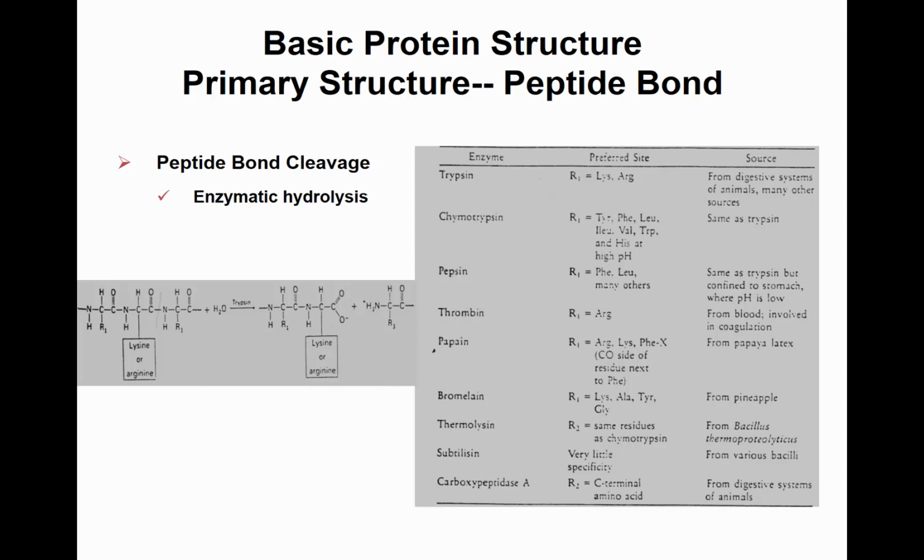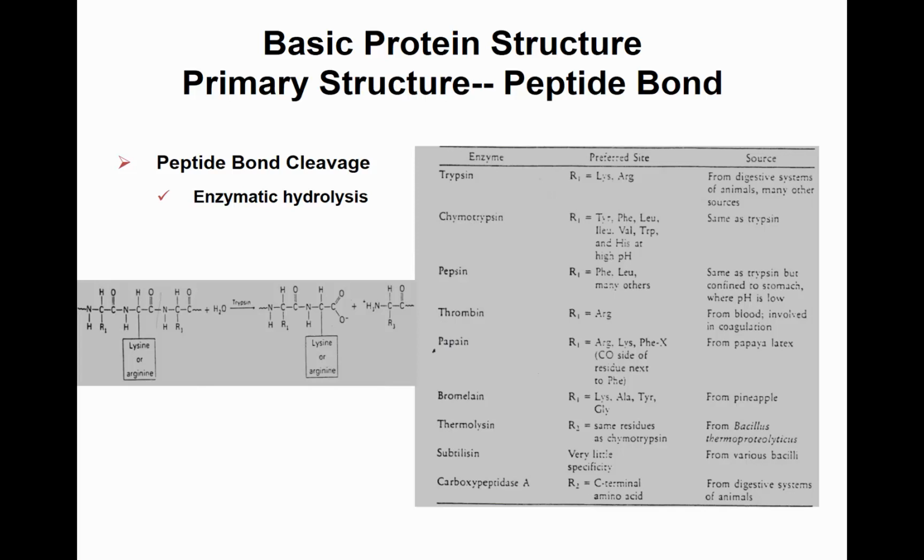Other enzymes like pepsin might prefer phenylalanine and leucine, but can also recognize others. So we call it a general protease. Pepsin is another digestive enzyme in our gut, so it's more like a general protease. You can hear sometimes that if it's a general protease, not very specific, it can be called a peptidase.